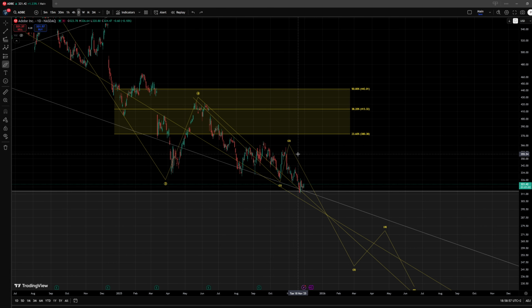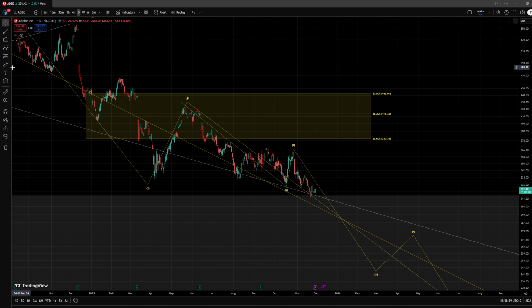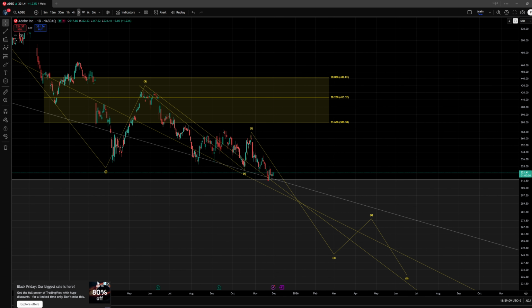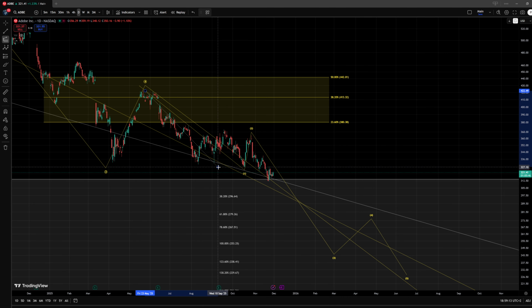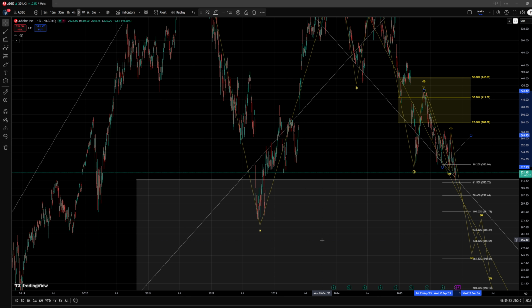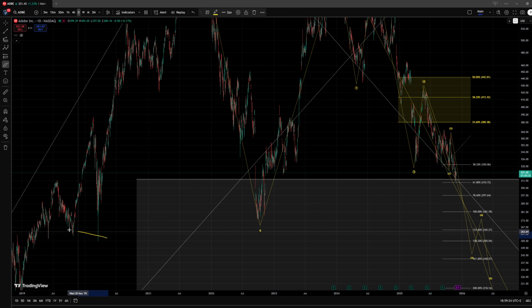So I am watching out within this wave 3 for a possible extension, a 1, 2, 1, 2 setup, where this movement could accelerate quite seriously to the downside at any point now, and rightfully so. We are expecting within this pattern a 3rd wave down, in which case I would be looking for an ideal target for wave 3 at the $255 level, the 138.2% extension, which seems to be perfectly in line with these structural support levels.